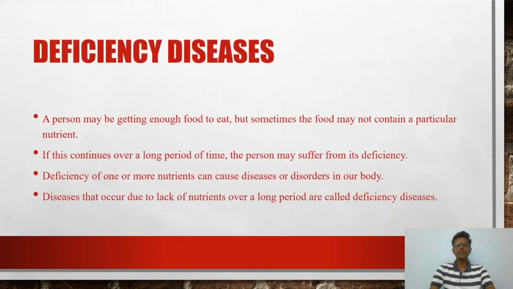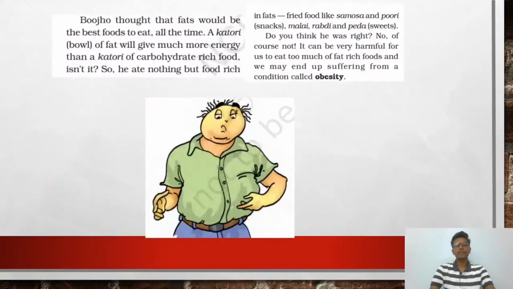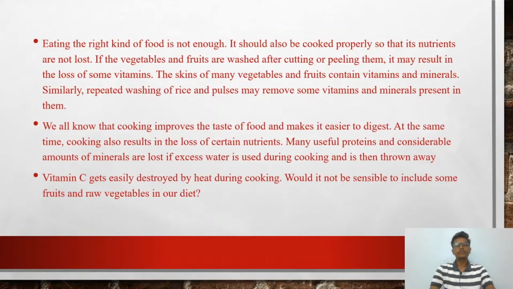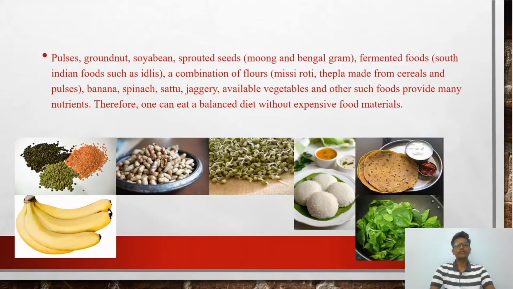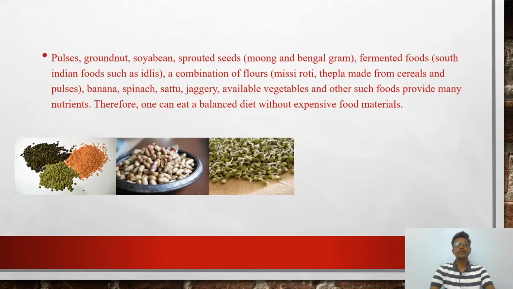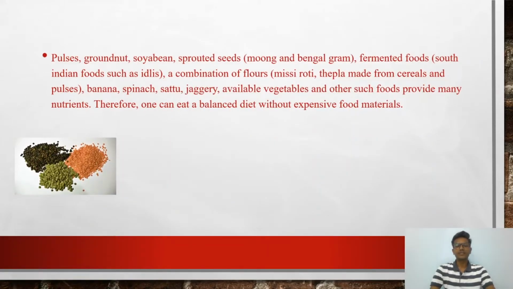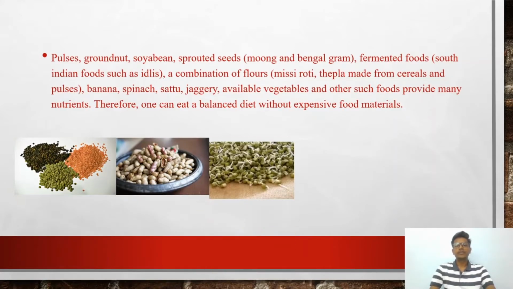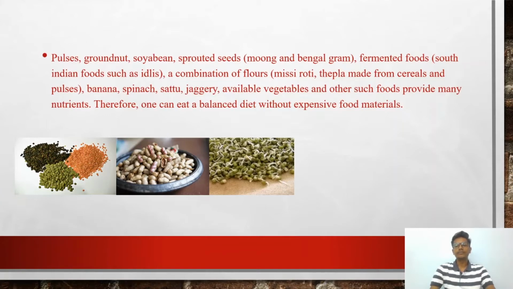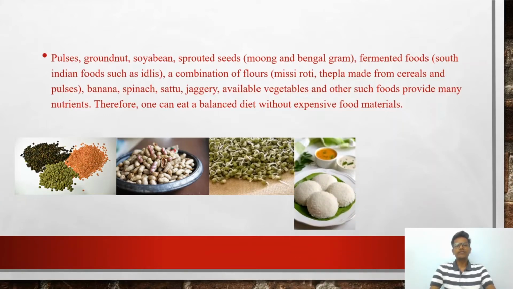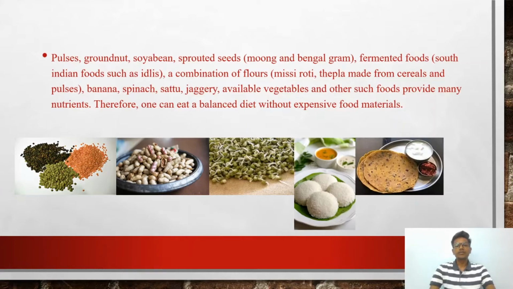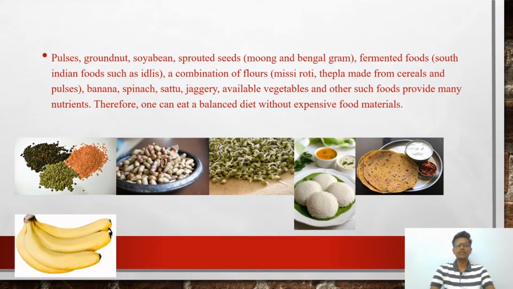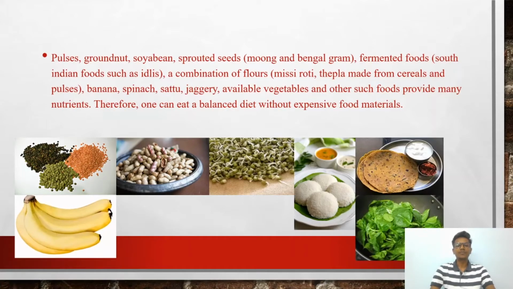Let's see once again. Yes, these are the things: pulses, groundnuts, soya bean, sprouted seeds, moong, South Indian foods such as idli, missi roti, thepla made from cereal and pulses, banana, spinach, sattu, jaggery.